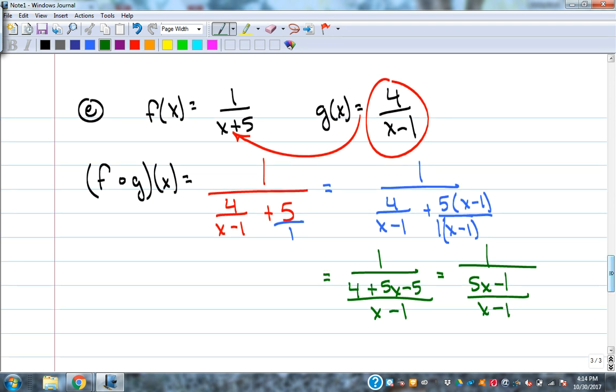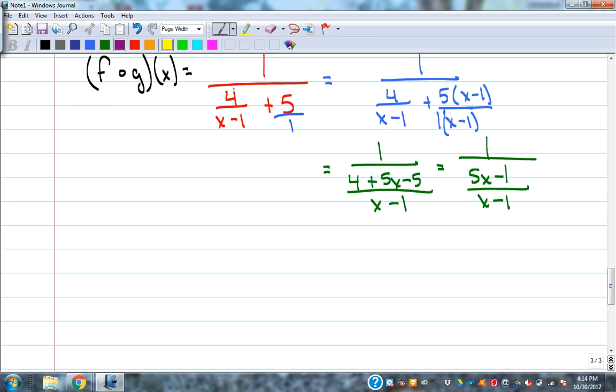But that's a fraction inside of a fraction, and that's never allowed in math. So dividing by a fraction is the same as what? Multiplying by the reciprocal. So dividing by 5x minus 1 over x minus 1 is the same thing as saying 1 times x minus 1 over 5x minus 1.